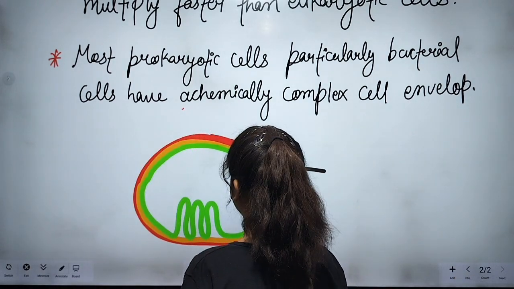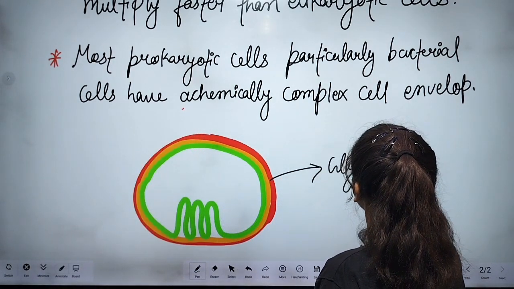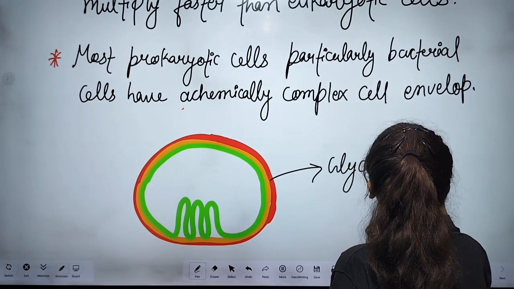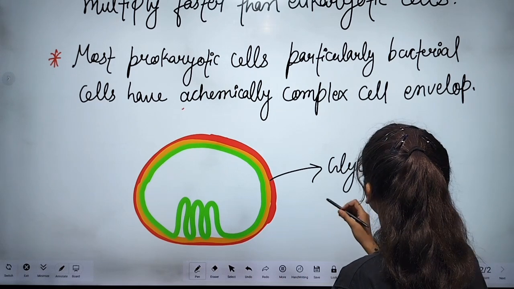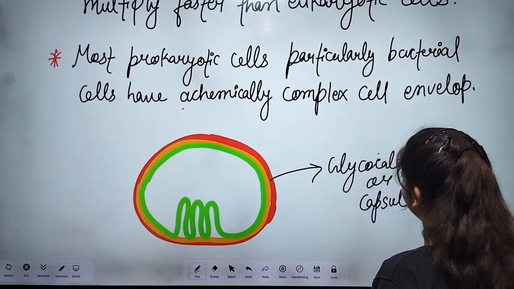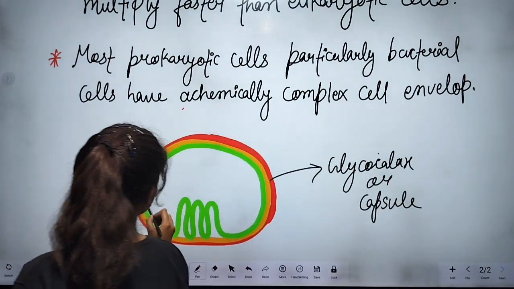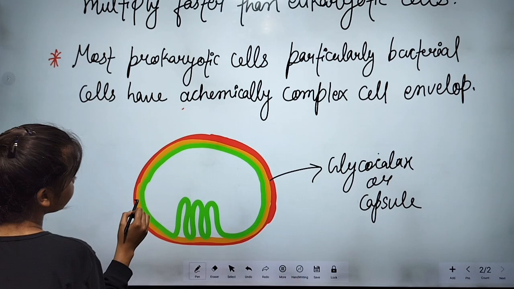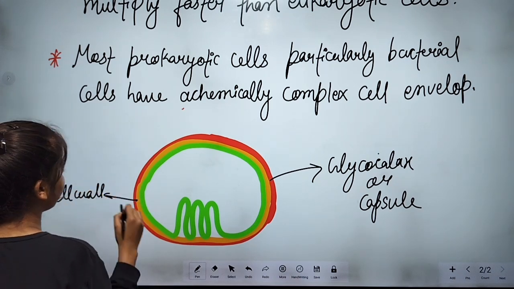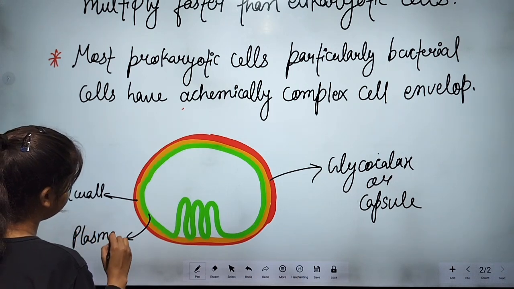The outer covering is called glycocalyx, or you can say capsule. This one, the yellow one, is called the cell wall, and the green one is called the plasma membrane.